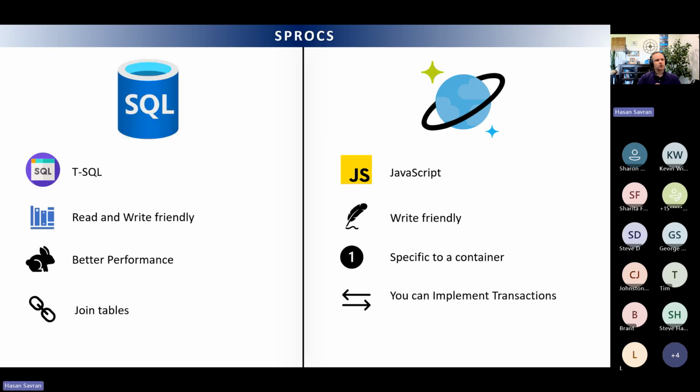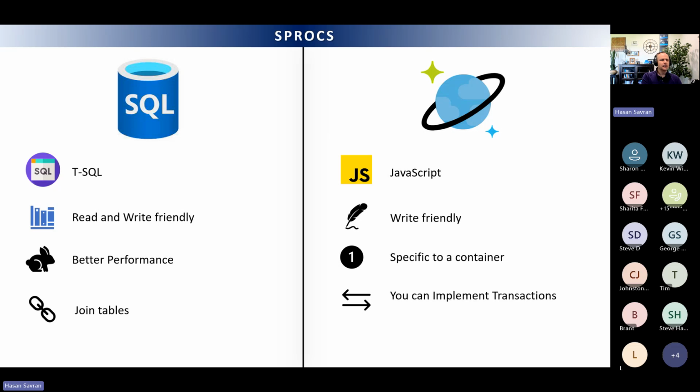In Cosmos DB, it's totally different. The stored procedure name is the same, but everything else is really different. First of all, they are not in T-SQL, so you have to know JavaScript to be able to create a stored procedure in Cosmos DB. You can read and write, but they are not really read-friendly. They are write-friendly.